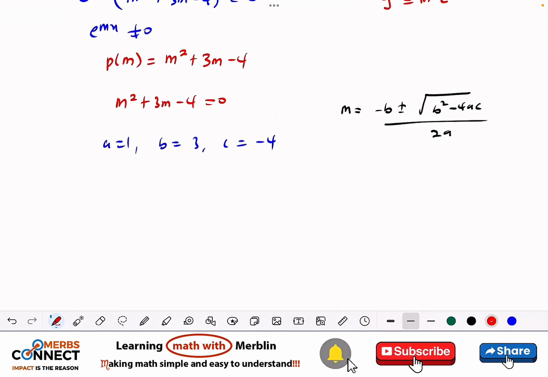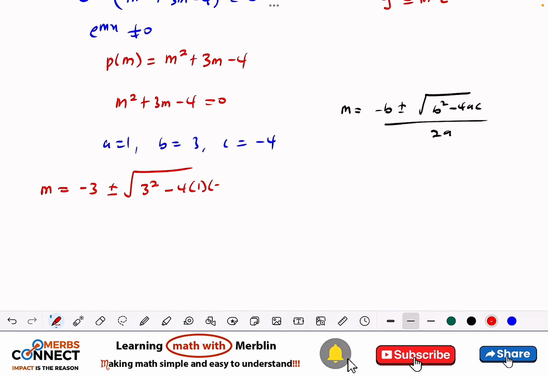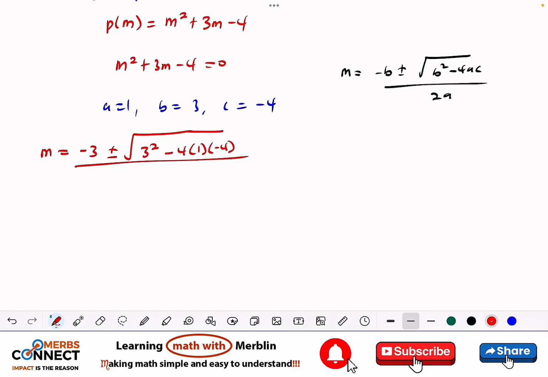So now this is going to give us m, which is equal to minus b, so minus 3, plus or minus the square root of 3 squared minus 4 times a times c. Oh, this is not going to give us complex. I didn't see that. But it's okay.